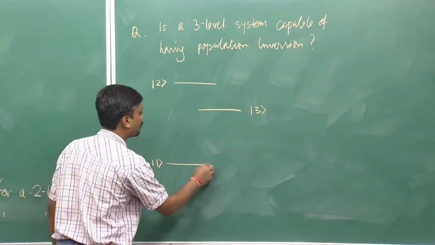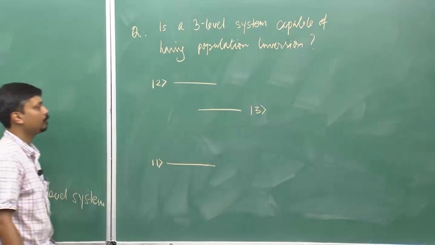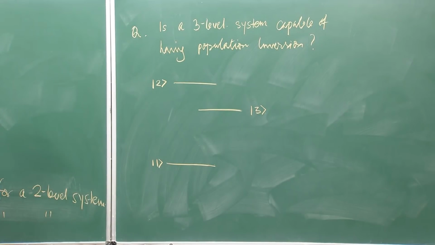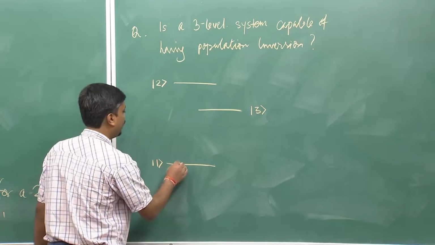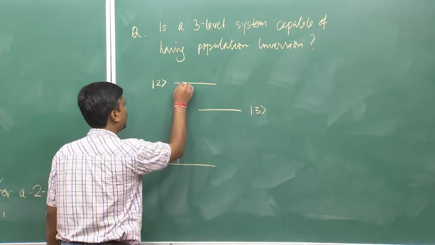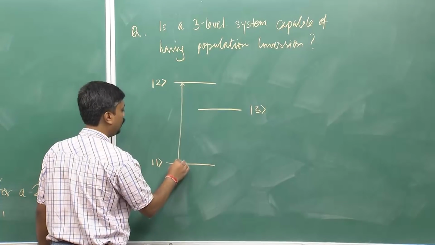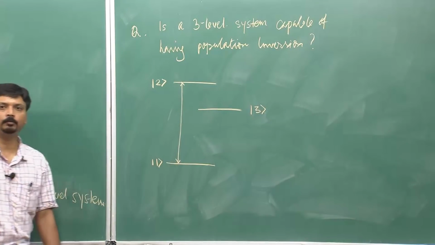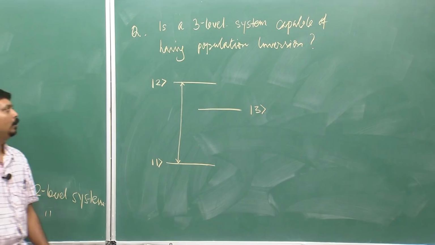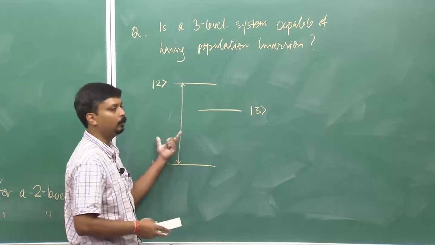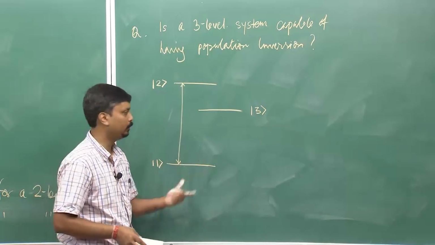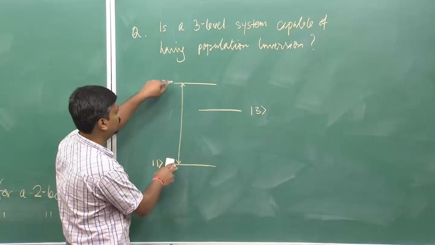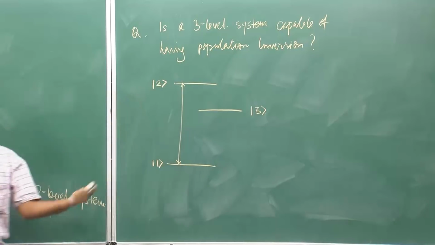Now, what are the possibilities that we have here? We can have absorption as well as emission from this state. I can have spontaneous emission, I can have stimulated emission. Okay. And if I just consider these two states, it's a fairly two level system.